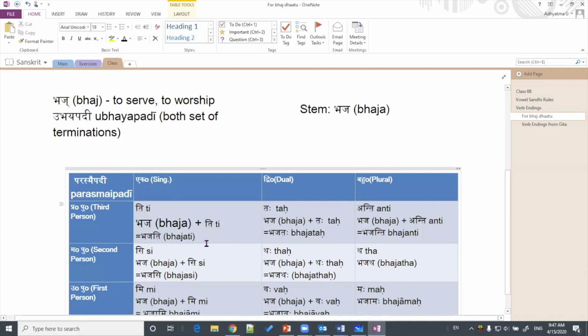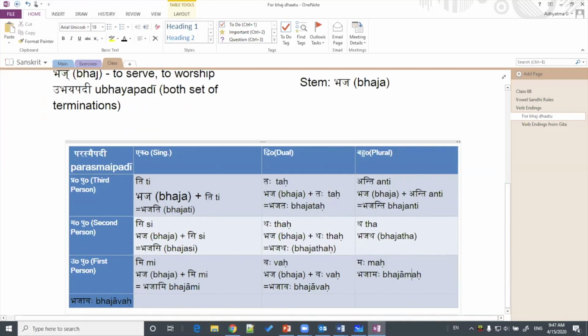Bhajati is not available as an independent entry in the dictionary, but when you see bhaj, it normally gives the third person singular form. And once you know this form, you can pretty much derive the whole table. That is the idea. So that's why they give you this form under this root.